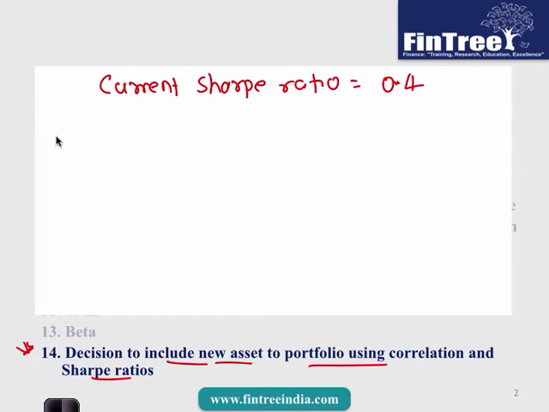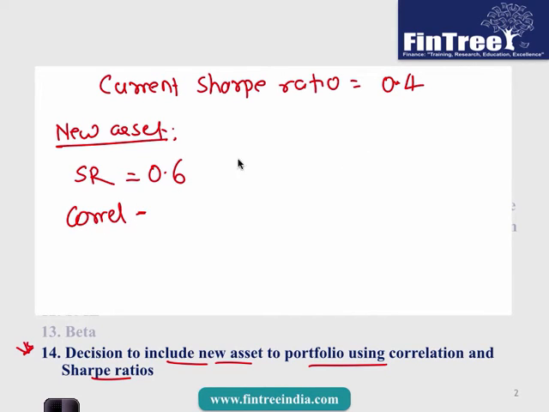Now you are considering adding a new asset. Now the new asset has a Sharpe ratio, let us say of 0.6, and it has a correlation with the existing asset of 0.2. And then the question will ask, should the new asset be added to the existing portfolio?